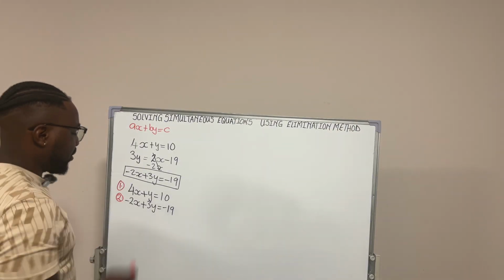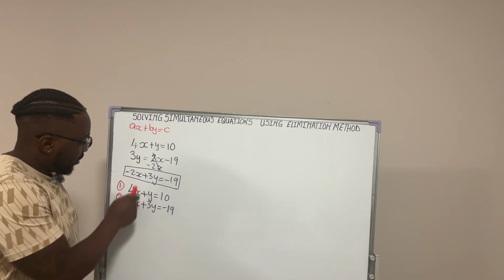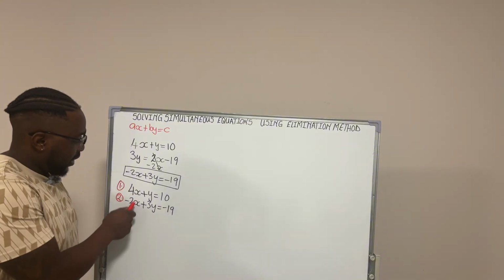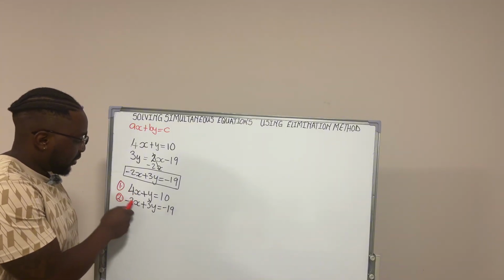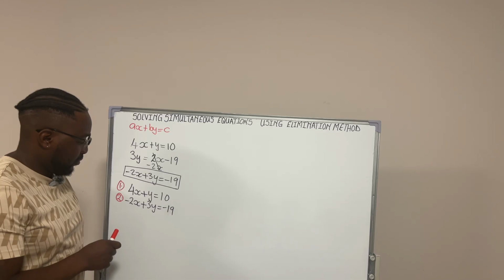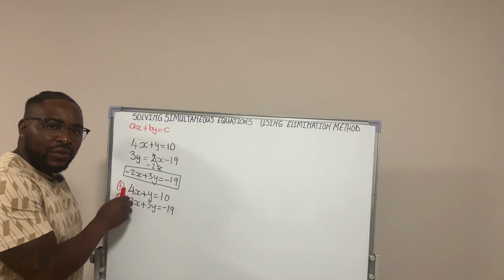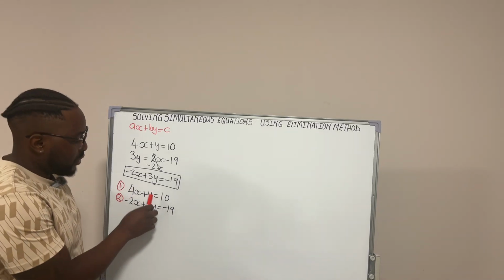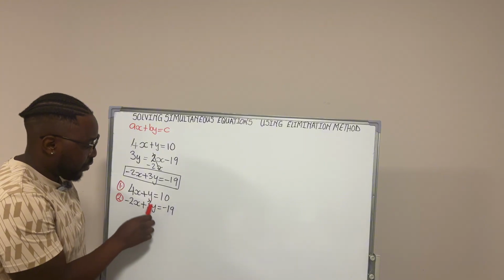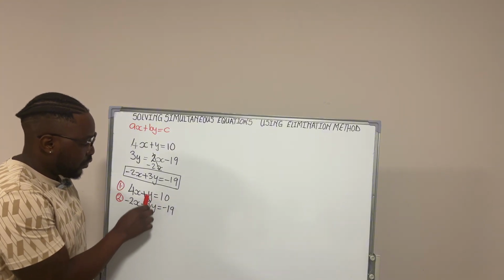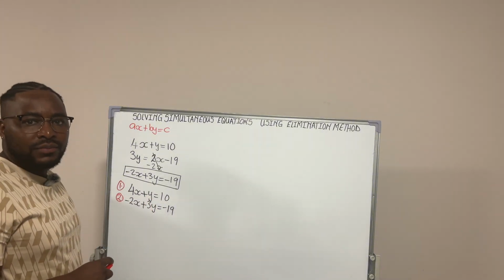If we look at our two equations, let's look at our x variable over here, and let's look at their coefficients in both of our equations. They don't have the same coefficient, right? And also if we check the y variable in both of our equations, they also don't have the same coefficient.